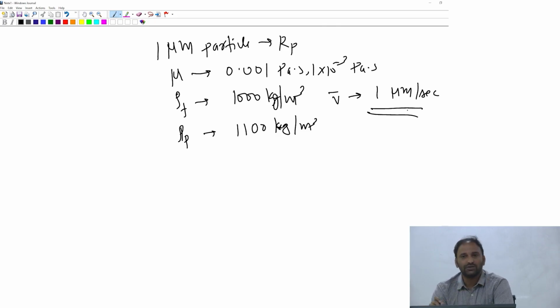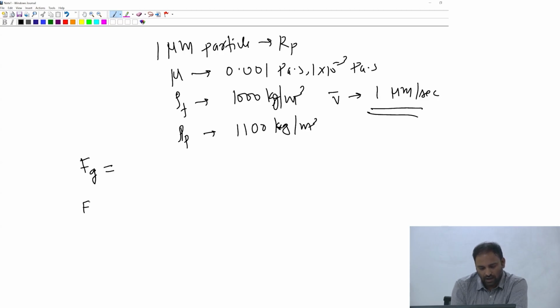If you put in all these numbers, can we get values for Fg and FB? Can you just quickly work it out? Volume is 4 by 3 pi r cube, right? So you know the dimension of the particle, and you can calculate the volume of the particle.